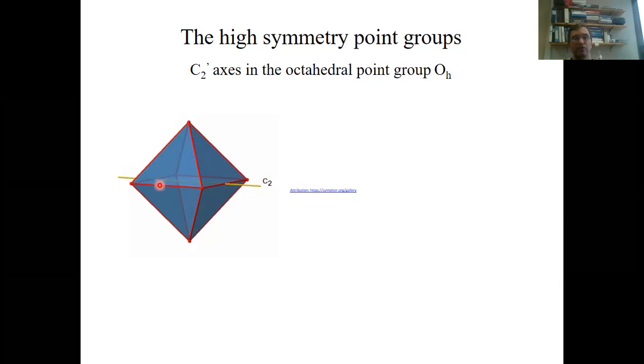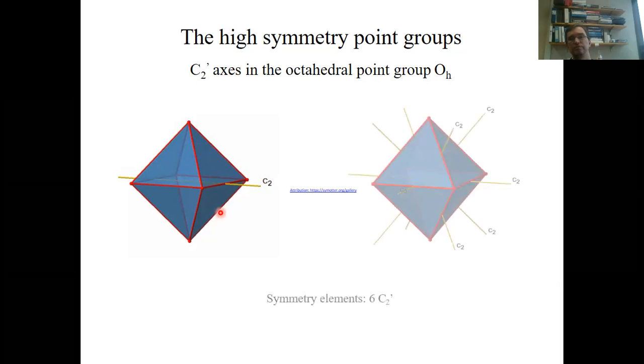We have 5, 6, 7, 8, 9, 10, 11, 12. That means that we should have 12 over 2, which is 6 of the C2 axes. So we have 6 C2 prime.